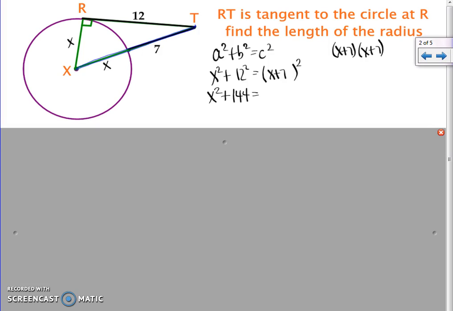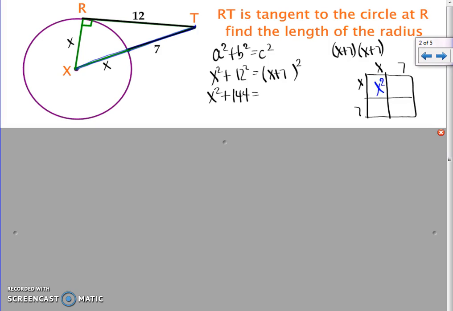Now an easier way to organize this is to draw something that I call a window and simply write x plus 7 and x plus 7 on the outside. This is not lattice because we're not going to be drawing any diagonal lines, but what we're doing is we're just figuring out what the area of each square is. So if we take x times x, what do we get? X squared.